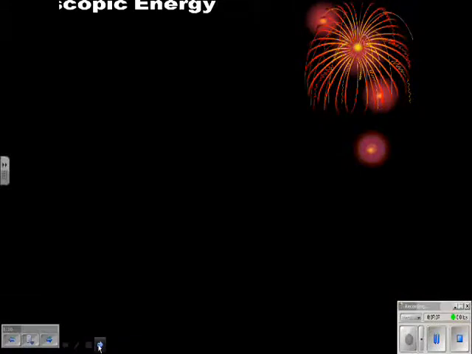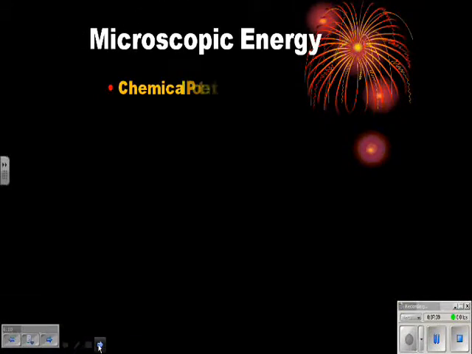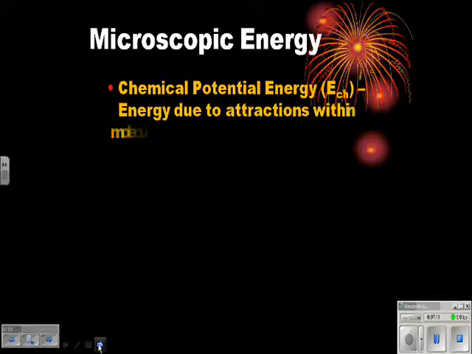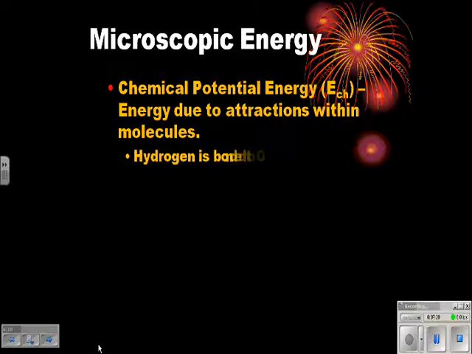The third microscopic energy is chemical energy, chemical potential energy. This is the energy that has to do with the attractions between the molecules. For example, hydrogen bonded to oxygen to form H2O is an actual chemical reaction, a chemical change. Whenever there's a chemical change, there's a certain amount of chemical potential energy.